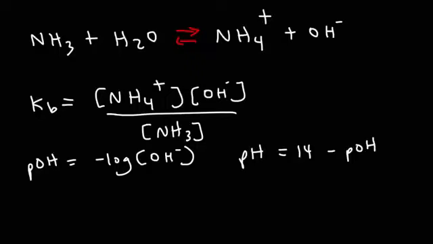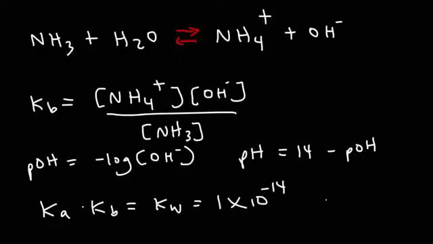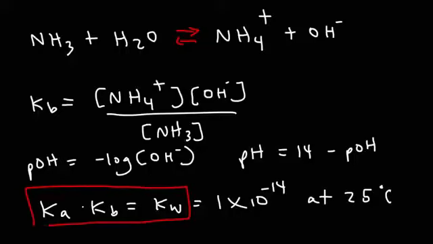Now, sometimes you may need to calculate Kb from Ka, or vice versa. So remember, Ka times Kb is equal to Kw, which is 1 times 10 to the minus 14. And this is temperature dependent, so this equation holds true at 25 degrees Celsius. Sometimes you may need to calculate the H3O+ concentration from pH, and this formula will help you do that. It's equal to 10 raised to the negative pH.